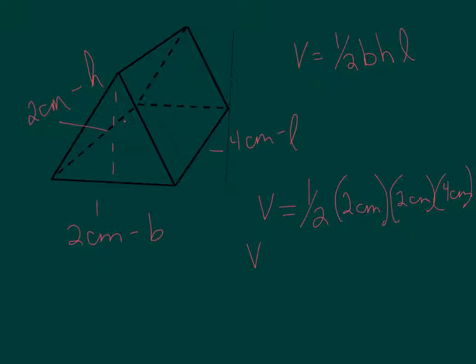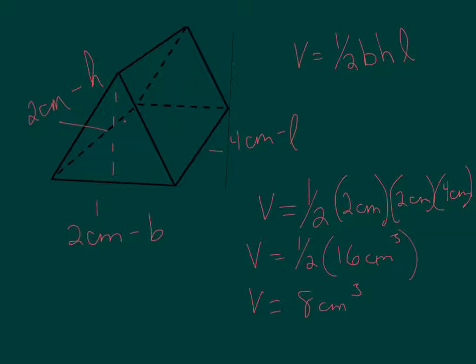You can first do your volume equaling 1/2 of 2 centimeters times 2 centimeters, which is 4 centimeters, times another 4 centimeters is 16 centimeters cubed. And then you would just divide by 2, because 1/2 times 16 is the same as dividing by 2. So your volume for this triangular prism would be 8 centimeters cubed.